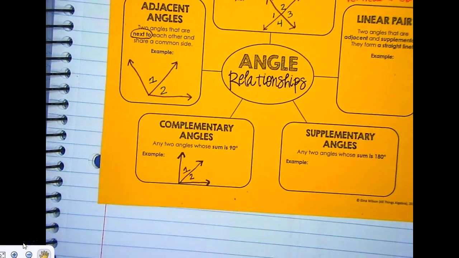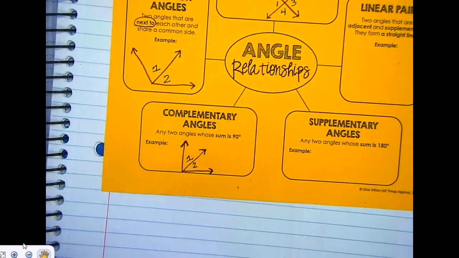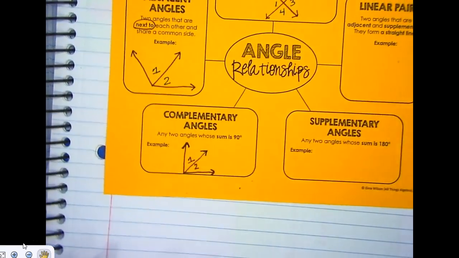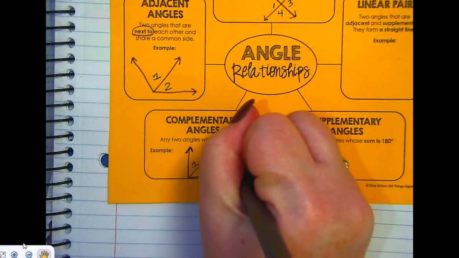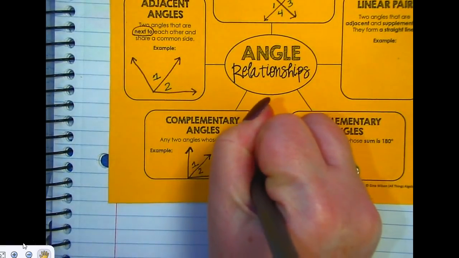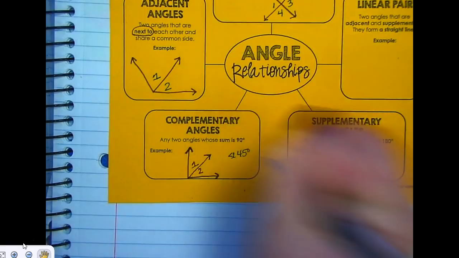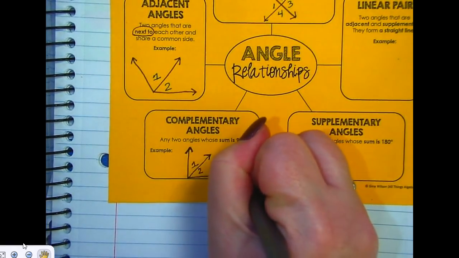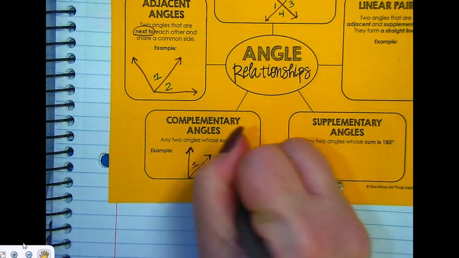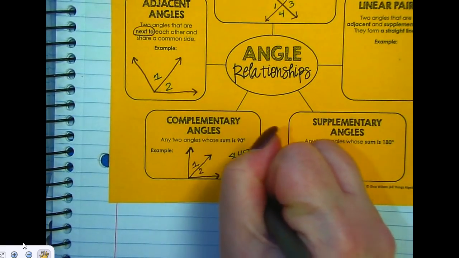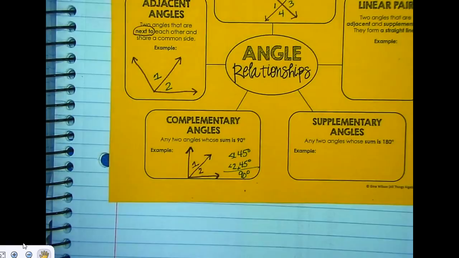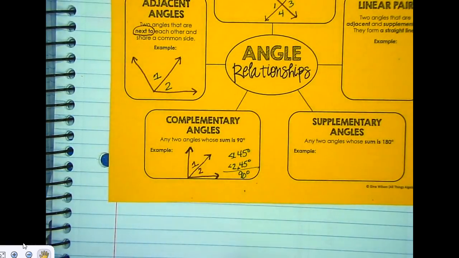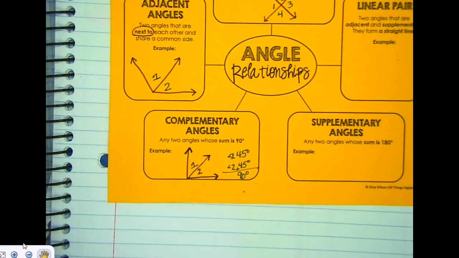So if we said those look pretty much like they're congruent, I kind of split it right down the middle. So if we said that angle 1 is 45 degrees, and then if I said that angle 2 is 45 degrees, if I add those up, what should they equal? 90 degrees. Any two angles that when you add them up, you get 90 degrees.